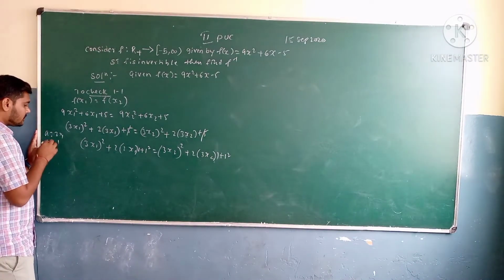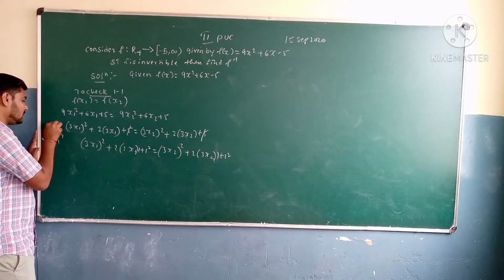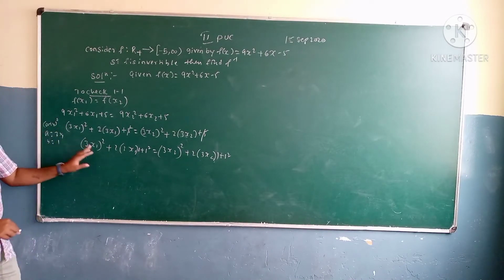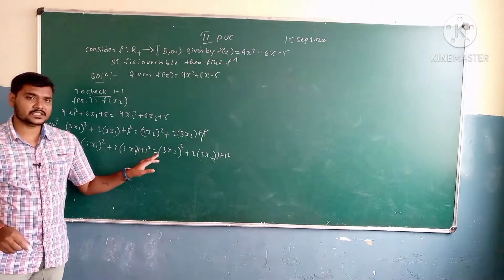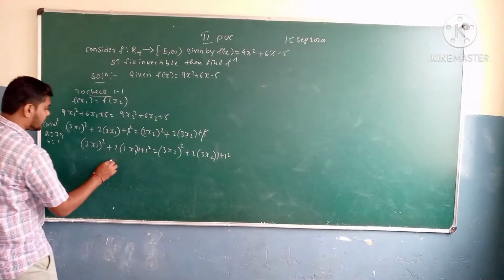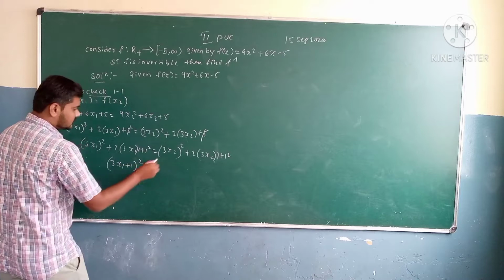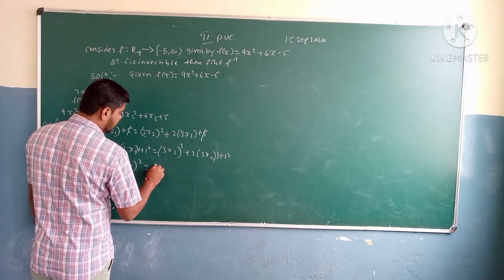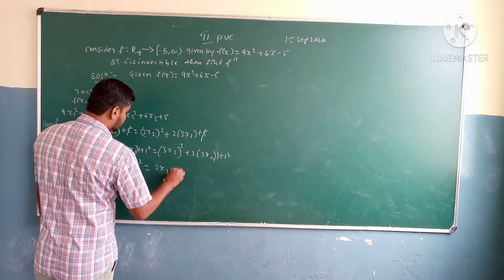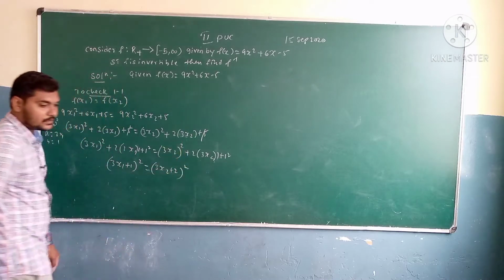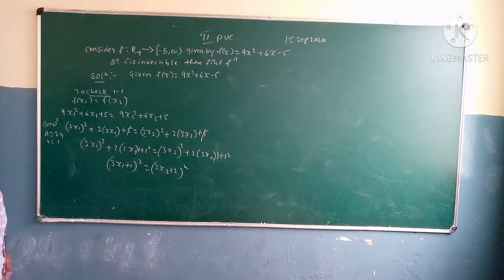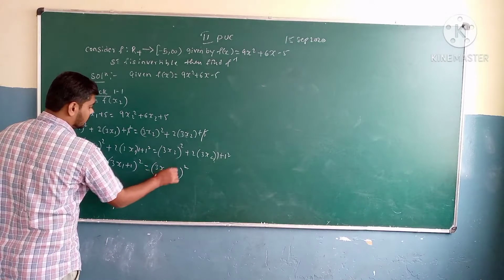So a plus b whole square can also be written as a square plus 2ab plus b square. So it can be written as (3x1 plus 1) whole square is equal to (3x2 plus 1) whole square.